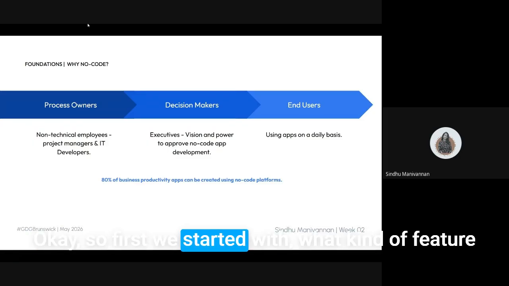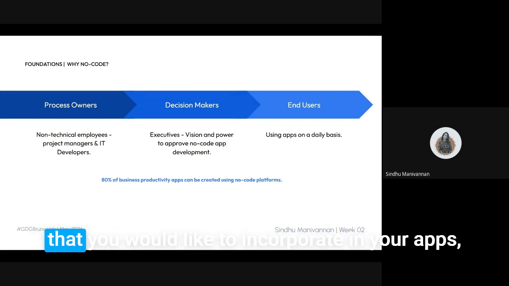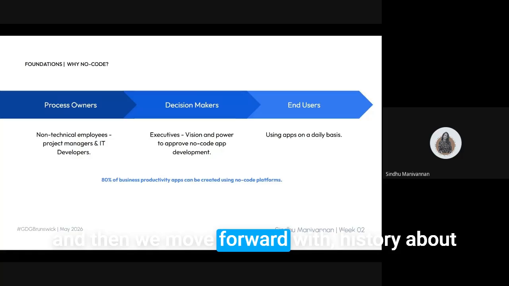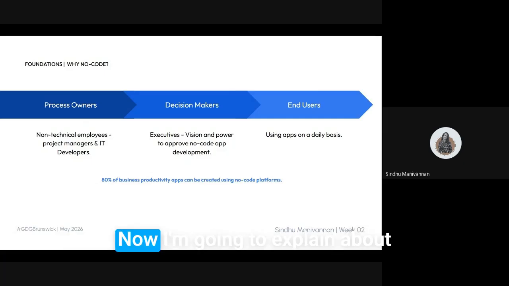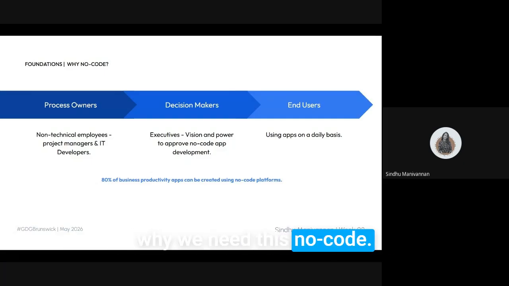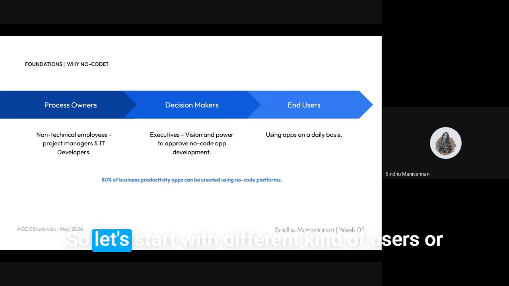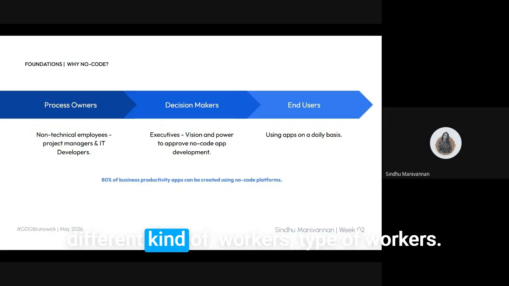So why do we need to focus on no-code? First, we started with what kind of features you would like to incorporate in your apps. Then we moved forward with the history of apps and the no-code and low-code platforms. Now I'm going to explain why we need no-code. Let's start with the different types of workers.